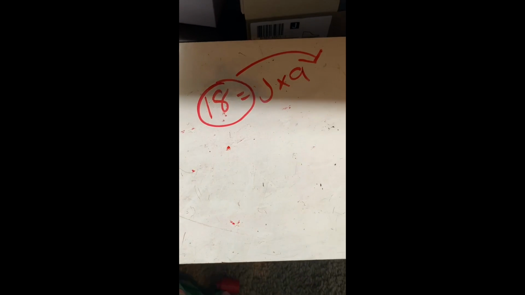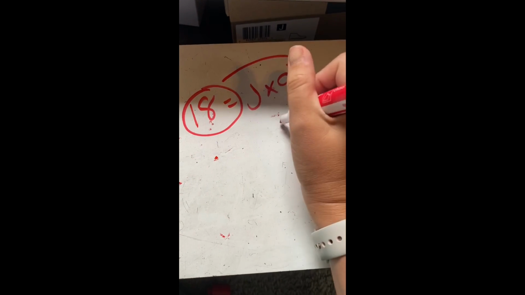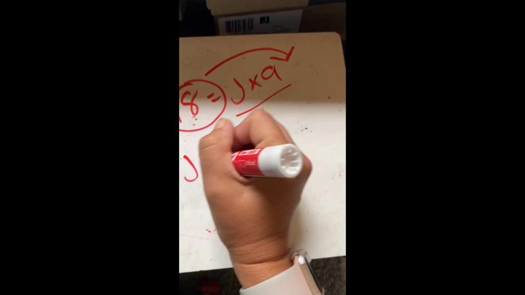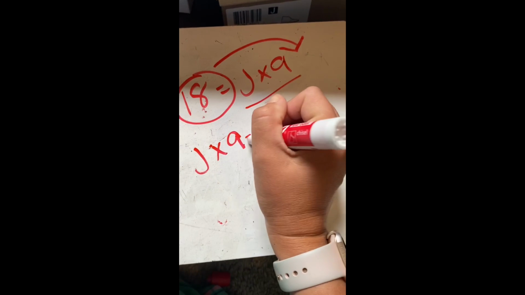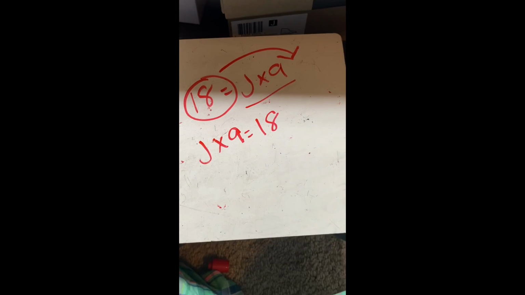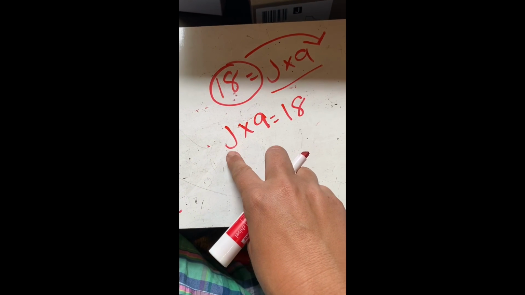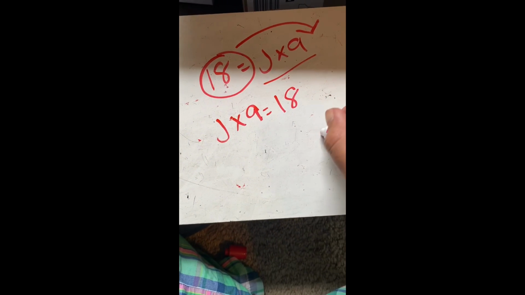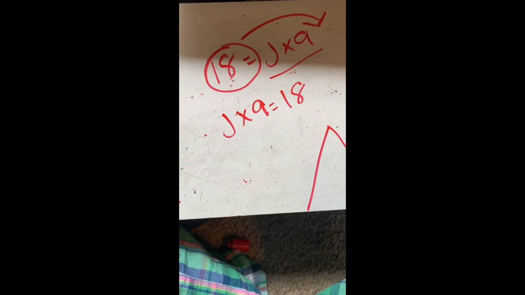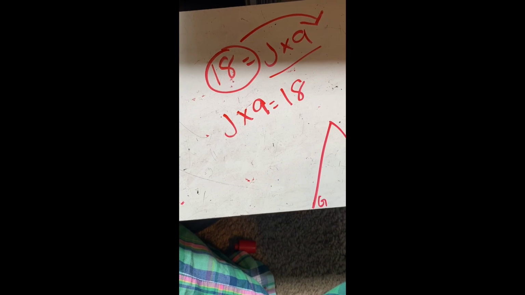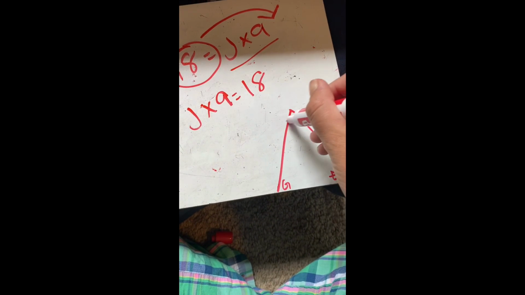So I'm just moving it, and I'm going to rewrite J times 9 equals 18. Perfect. This looks normal, minus the fact that I don't know what this variable is. So I will use my GET triangle to find it.